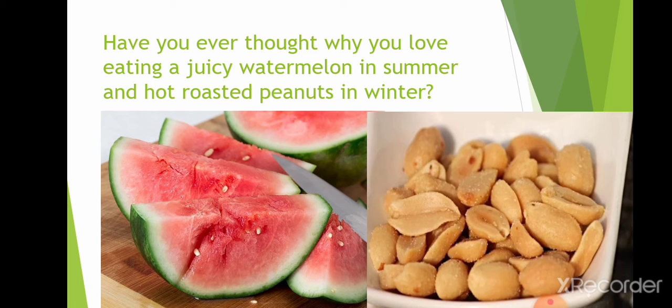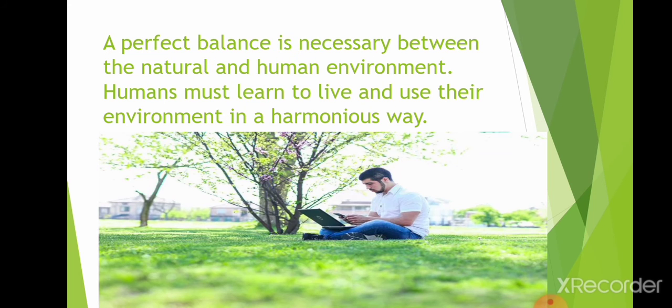So simple thing it is: if our environment is good, then everything is good. If the environment is not good, then actually we are also part of the environment, so we will not be able to feel happy. We will not be able to enjoy the things which are provided to us by nature. So that is why we should keep our environment neat, clean and happy.